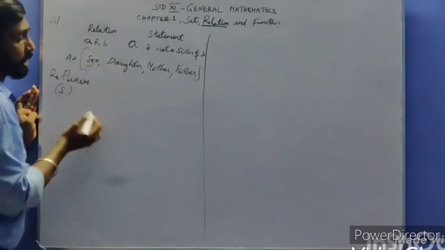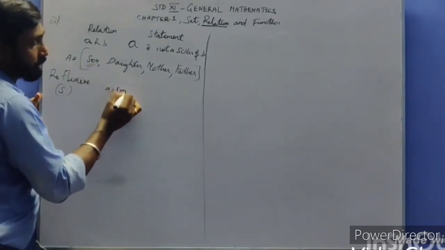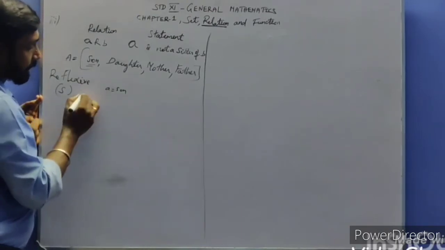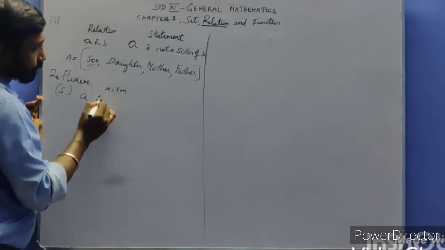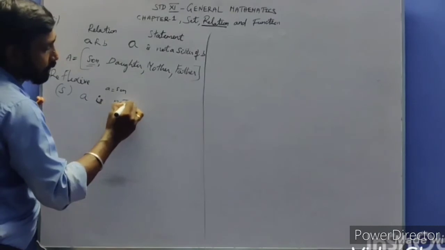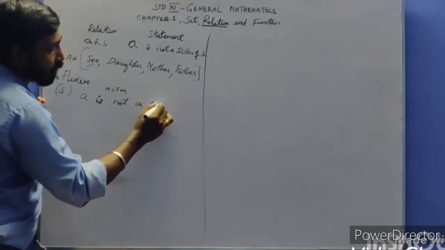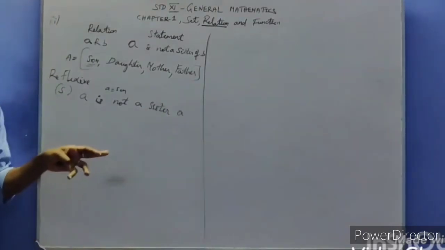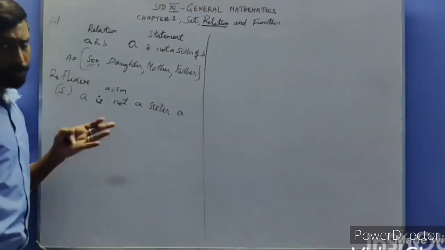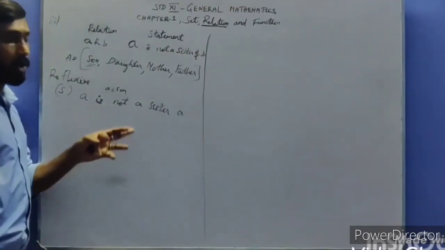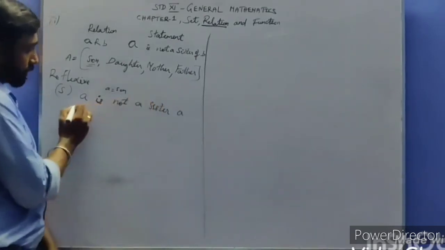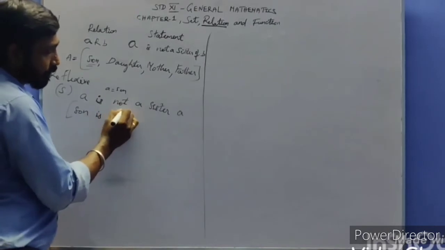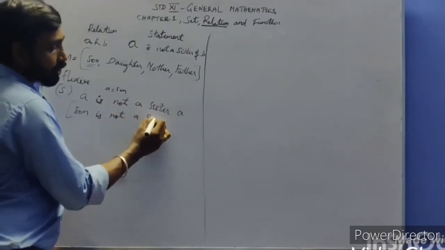If I take A equal to son, then A is not a sister of A. It is not possible, because A is not a sister of A. For example, son is not a sister of son.